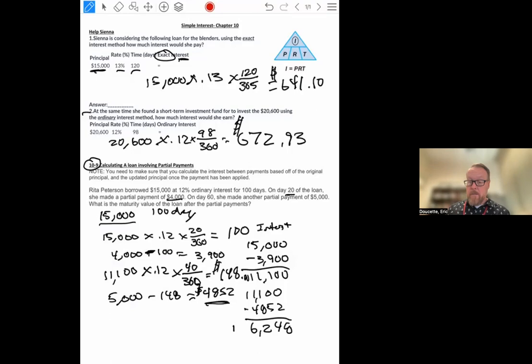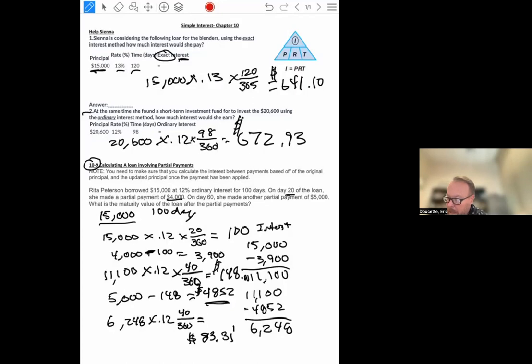And again, how many days are left on the loan? Well, at day 60 they made the payment, and I have a 100-day loan, so I have another 40 days. So I need to figure out the remaining interest on that. $6,248 times 0.12 times 40 over 360. I need to figure the interest on that last section of the loan, and that amount comes out to $83.31.